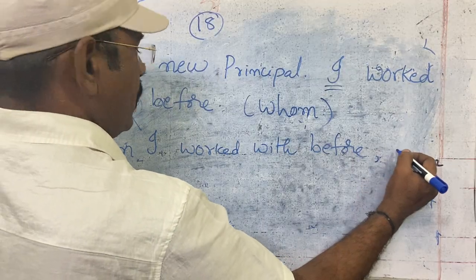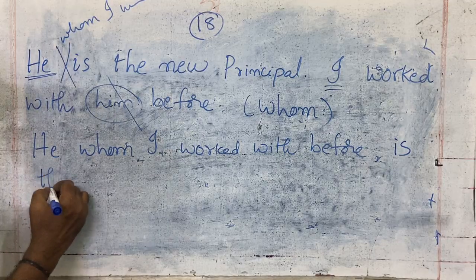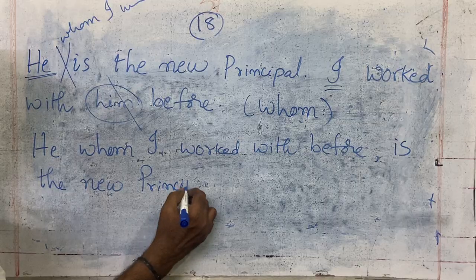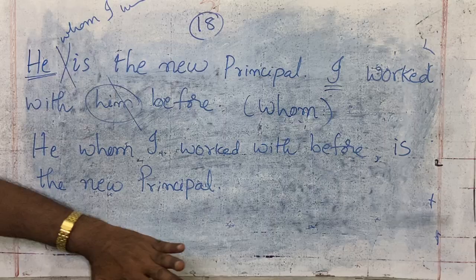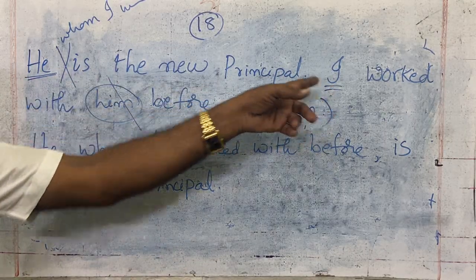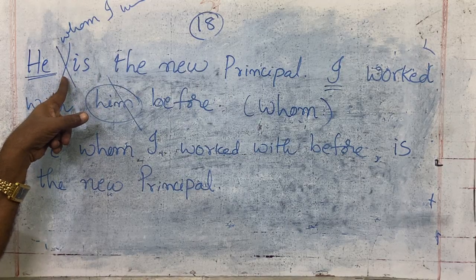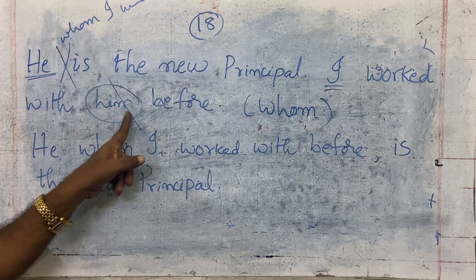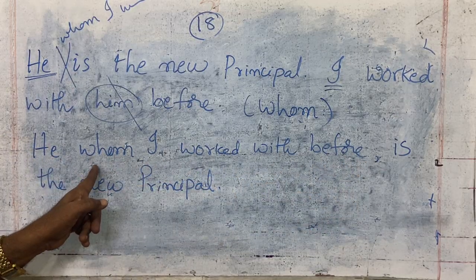Comma, is the new principal. Yes, here it is taking. So once again, here the subject is different. So the relative clause will come after the first subject. Here, whom I worked with before. That's it.